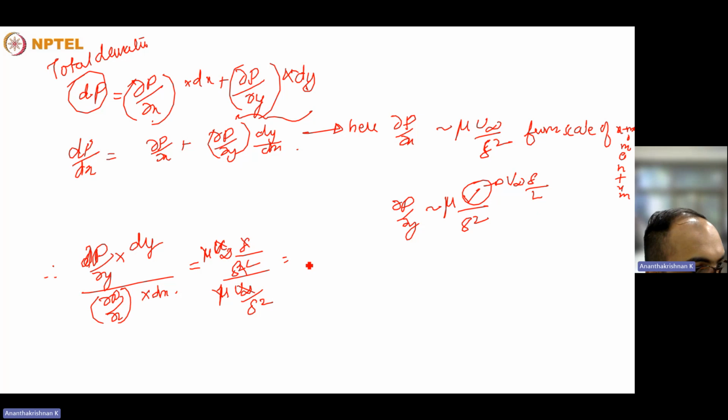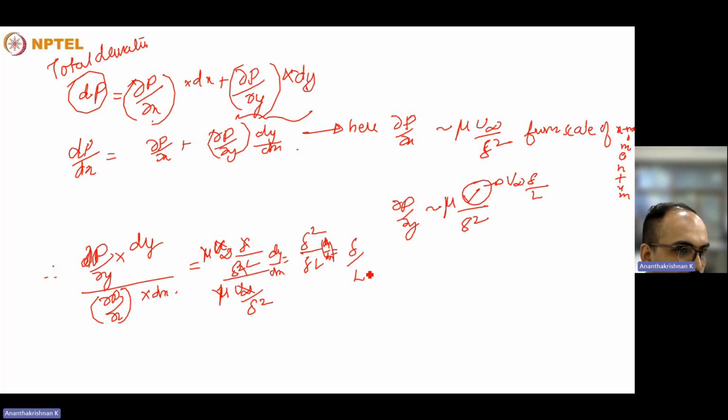So that will be equal to delta squared divided by delta L into dy/dx. So dy/dx you need to scale separately.